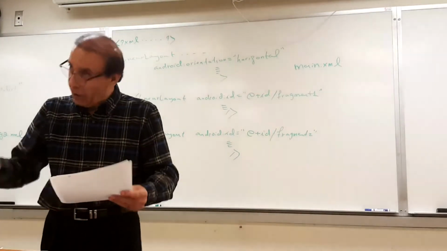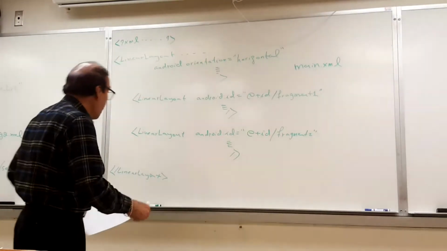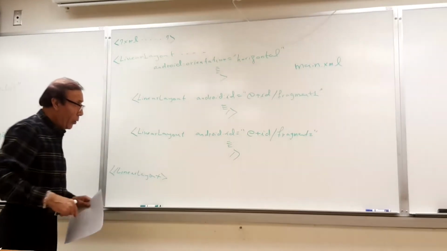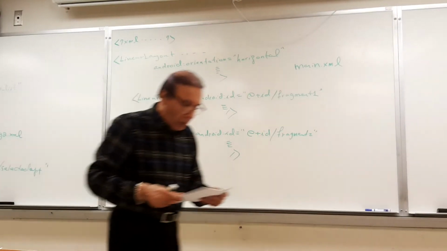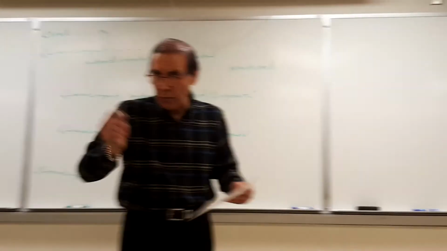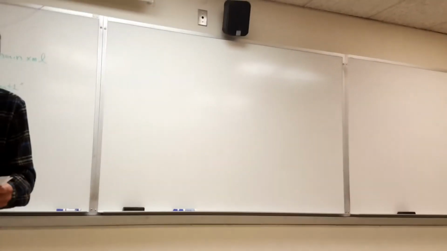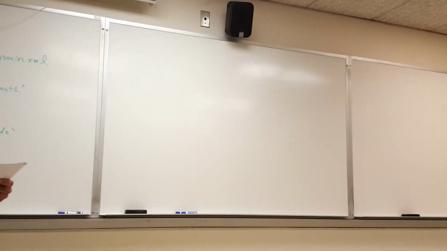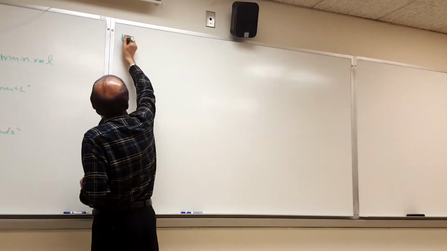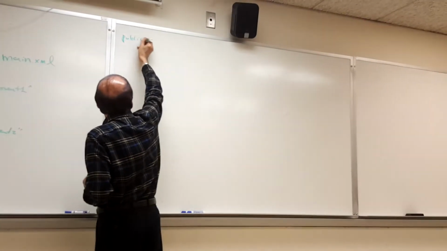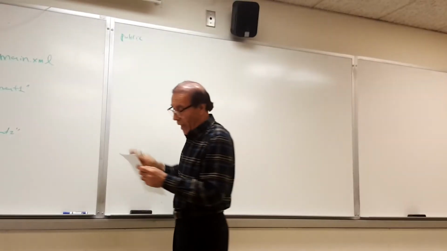Okay, now let's continue. We made XML files. Now we are writing Java code. So by just looking at how I do that, you immediately know what the Java code is. Public class.